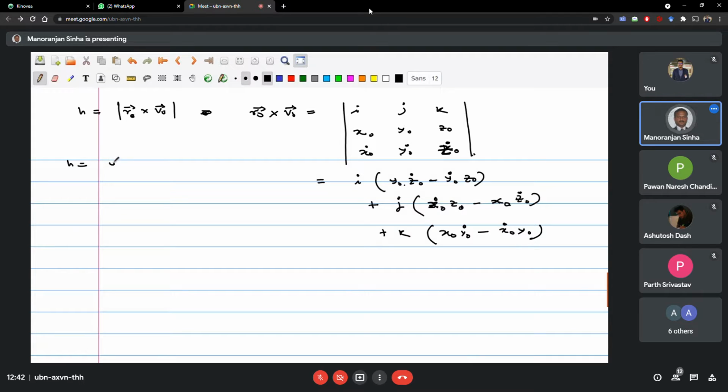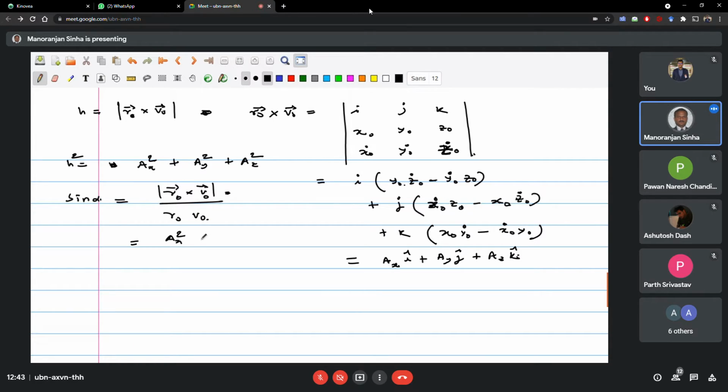Therefore, H can be written as, if we write for simplicity, Ax times I cap, Ay times J cap, and Az times K cap, so H becomes the square root of Ax square plus Ay square plus Az square, and therefore your sin alpha is H divided by R0 V0.